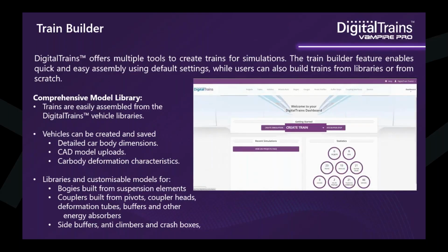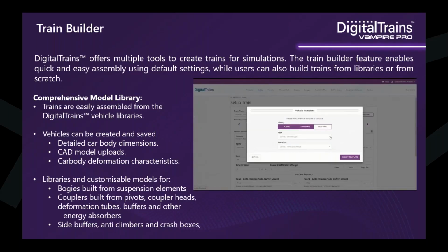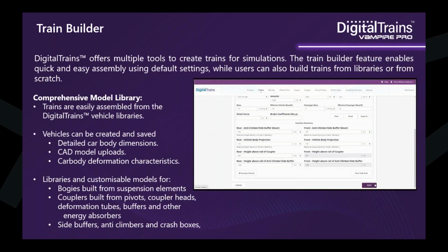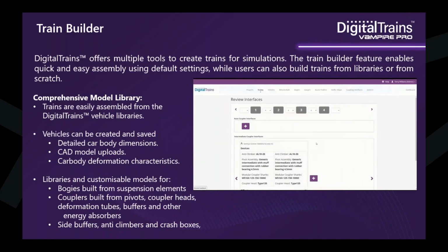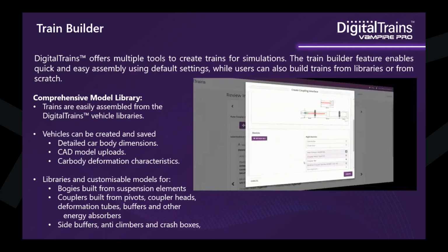But alternatively, 3D CAD models of an actual vehicle can be directly loaded into digital trains. And any car body deformation or crush zone characteristics can also be inputted into digital trains in CSV format, and then used within the impact simulation. So again, this could be test data, etc., can all be uploaded and added to the digital twin.